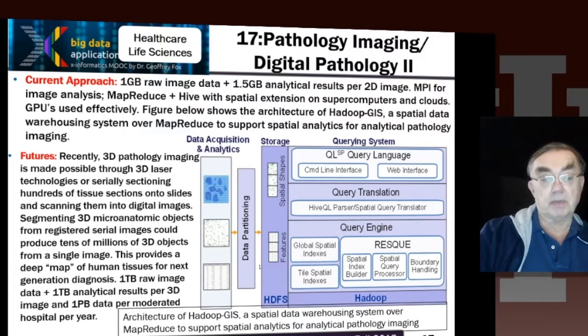This particular work was actually done on FutureGrid originally, in prototype fashion. You see here the Hive query engine on top of Hadoop, and it uses HDFS for the data storage.